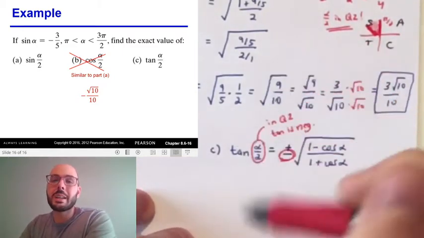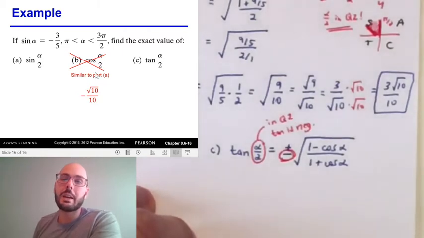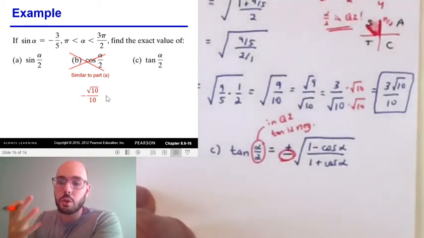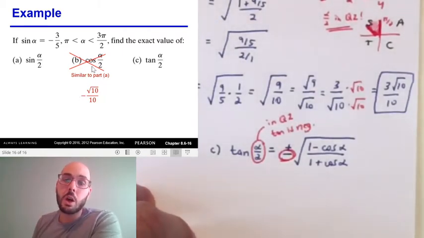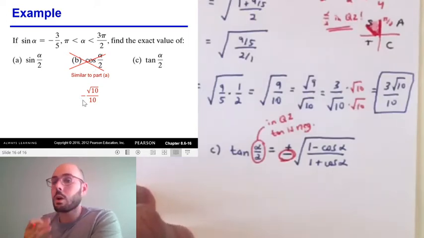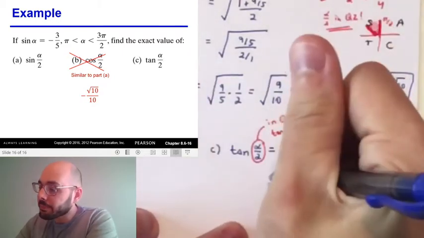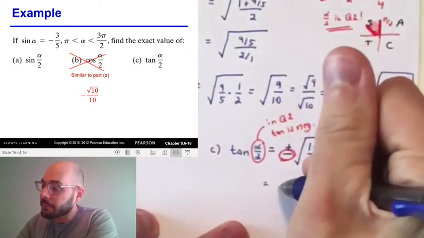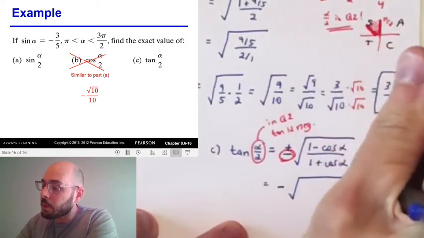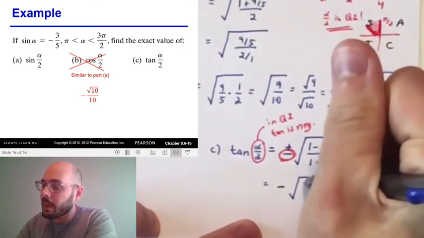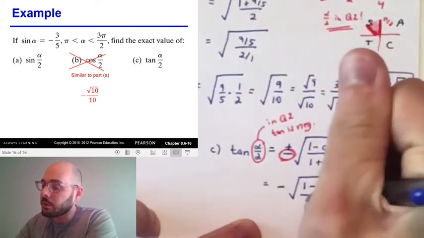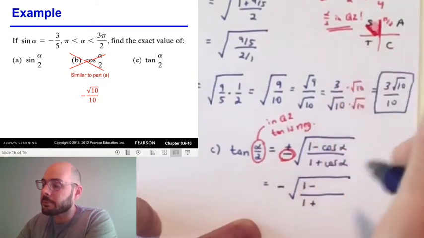That's also why in part B we had a negative answer, even though I didn't show you. Here's the answer to part B. Cosine is negative in quadrant 2, so that's why that answer was a negative answer. Okay, so we know it's negative now. Don't forget that. So I'm going to put a minus sign in front of this square root. And now it's up to us to fill in these cosines.